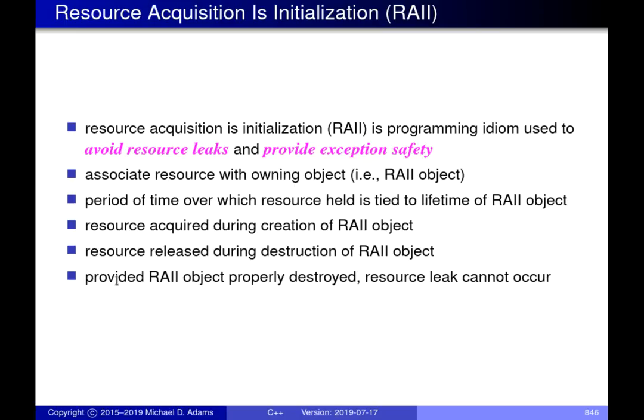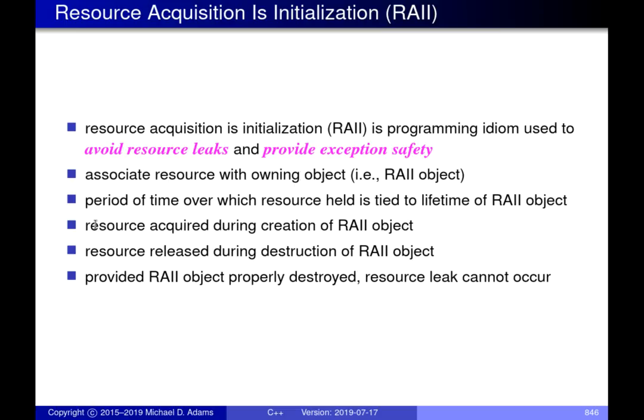So the basic idea with RAII is that we have some object which owns a resource, and when we construct the object, it will allocate that resource. Maybe it allocates memory. And then in the destructor, it will release that resource. So if it was memory, it would free the memory. This RAII pattern can be very useful for helping to avoid resource leaks for various different types of resources.